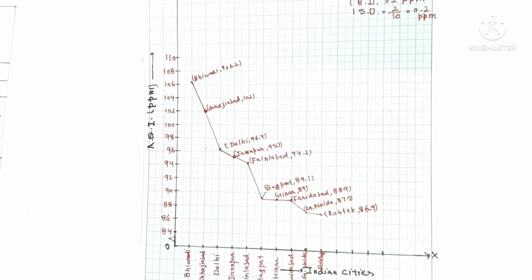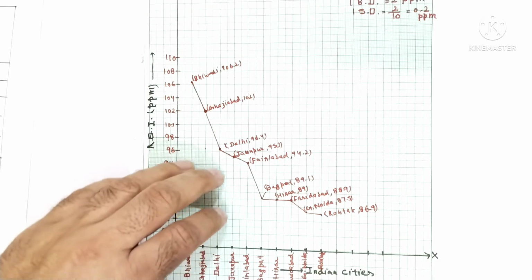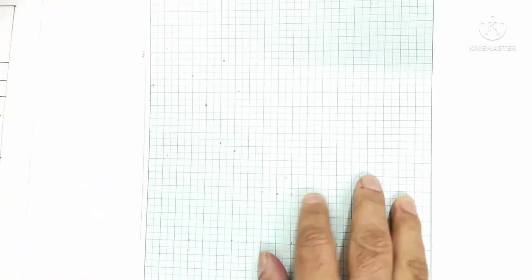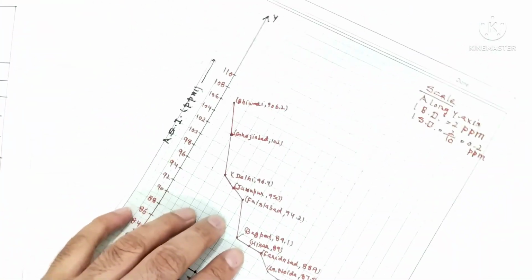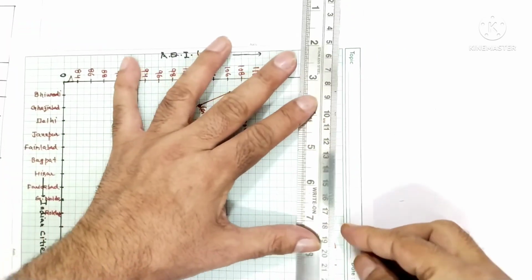Right? So we have drawn the linear graph of the air quality index of 10 polluted cities of India. Now your next work is to tear off this graph from the graph paper and cut its extra boundaries.